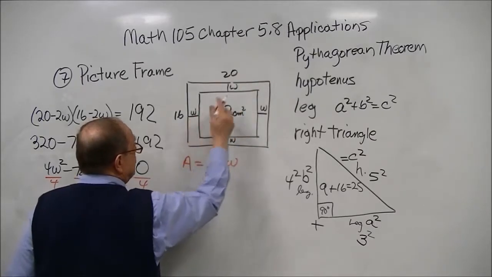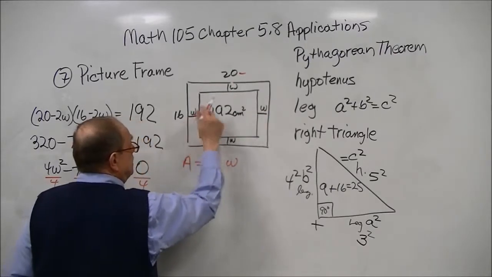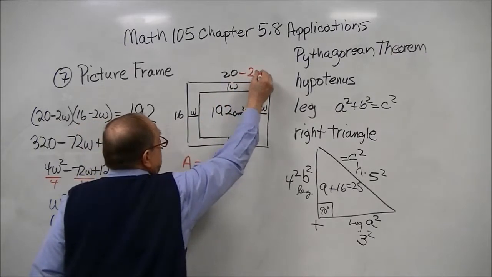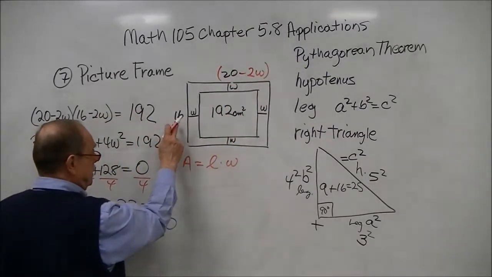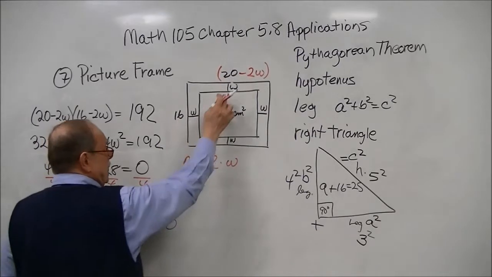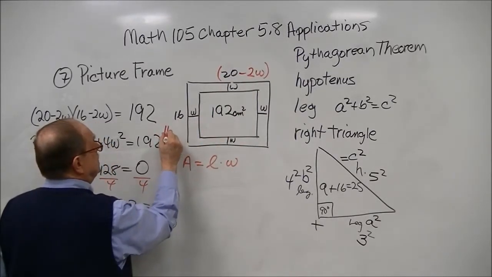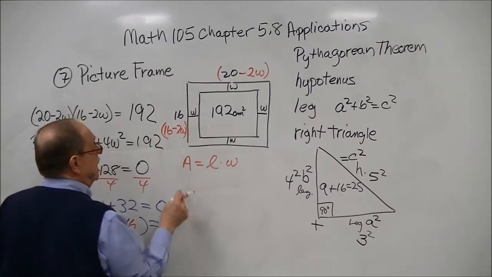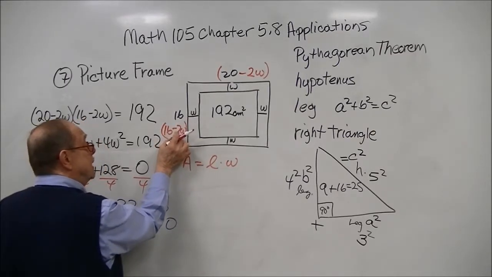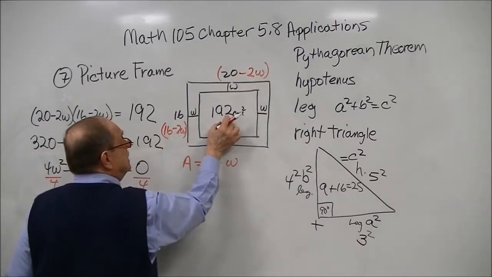I have to take away this W and this W. So that's 2 W's there. And for this width, I had to take away some W's. So this is going to be 16 minus 2 W's. So there's my new width, and there's my new length that will give me this area.